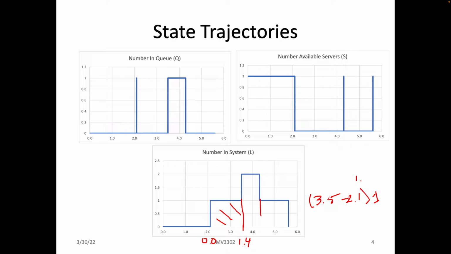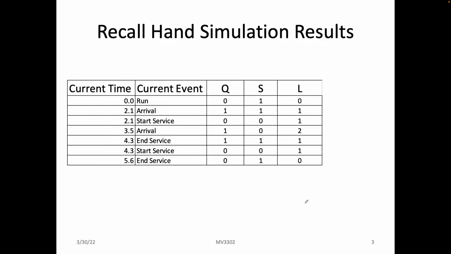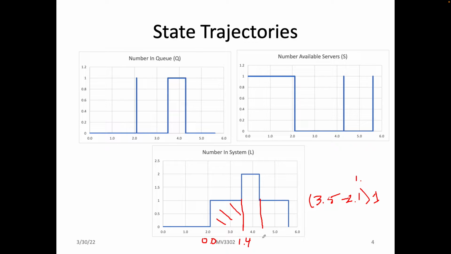And now, okay, so now at the next event, it was at 4.3. So here at time 4.3, our running area was 1.4.